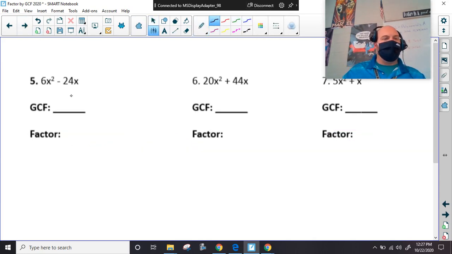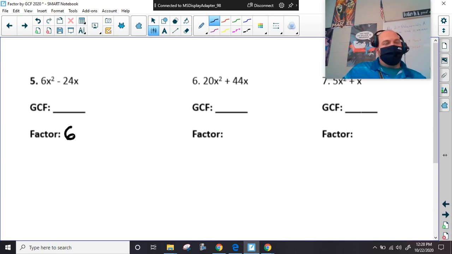All right. What's the biggest number I can take out of 6 and 24? Can you divide 6 by 4? It's 6. Now, what usually happens on this one right here, the reason why some people said 4 is because in their head they were already dividing 24 by 6 and 4 was the answer.